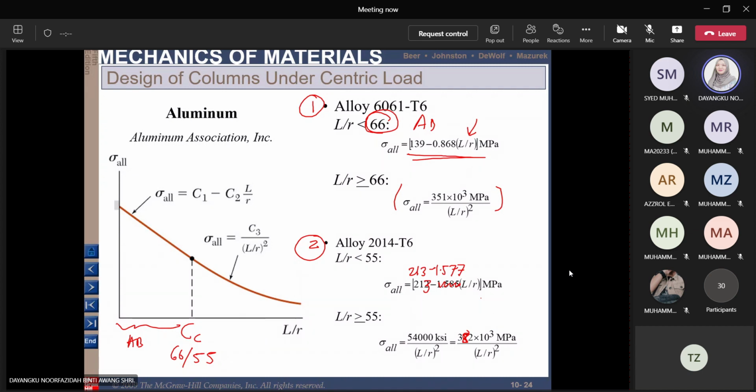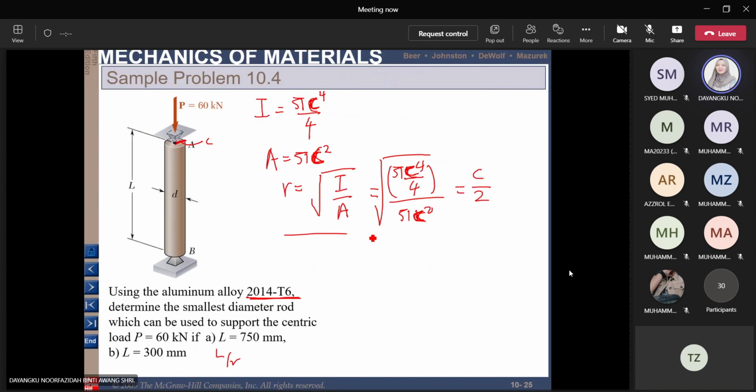Okay, so for allowable stresses, we can get the value. So let's assume L over R is bigger than 55.